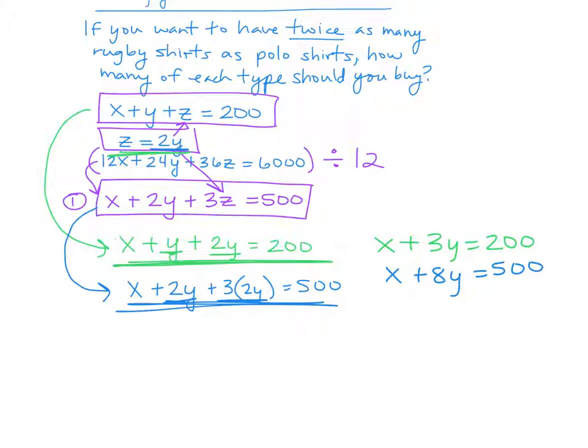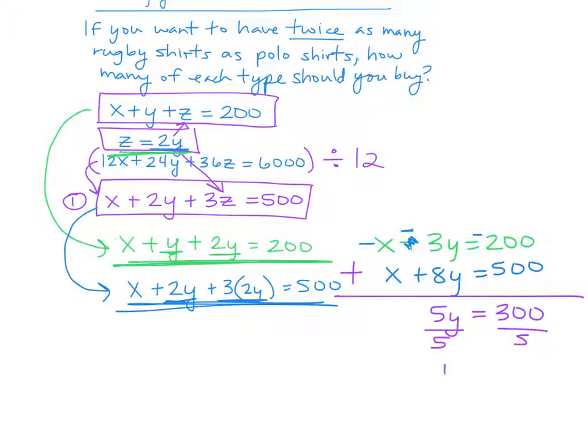If we multiply the top one by a -1, it's going to be a negative X, a negative 3Y, and a negative 200. Now we can do elimination. Add these together. We get 5Y equals 300. We divide by 5, so Y is 60.